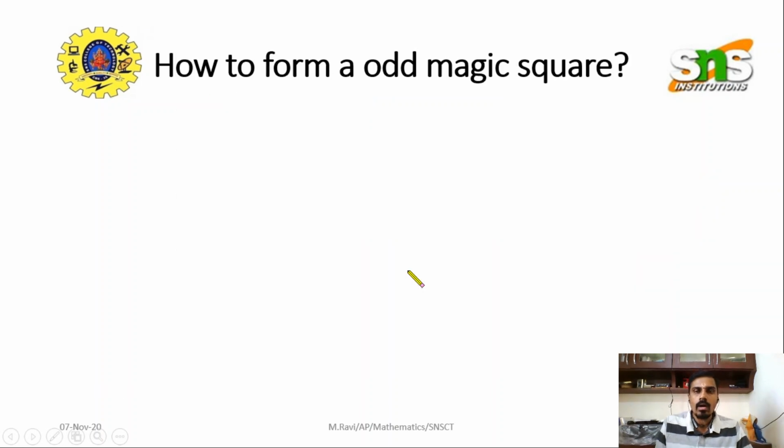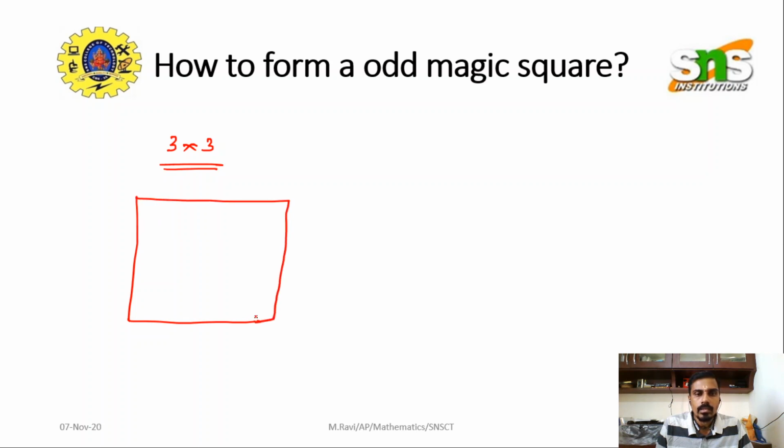Now let's come to our topic. How do we form an odd magic square? It's a 3 by 3 magic square. I am drawing a 3 by 3 magic square.